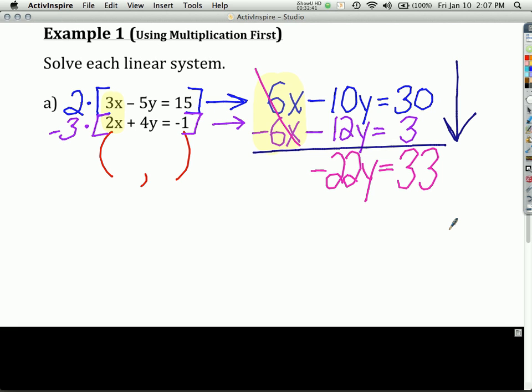How many steps is this, Alicia? One. One simple step. Divide by negative 22. And we get y equals what? Yeah, it could be negative 3/2, it could be negative 1.5. It doesn't really matter.